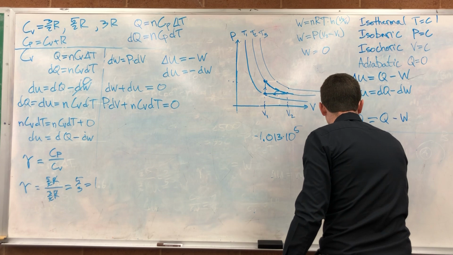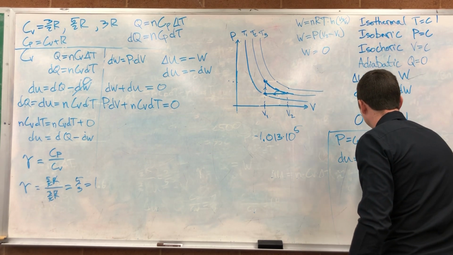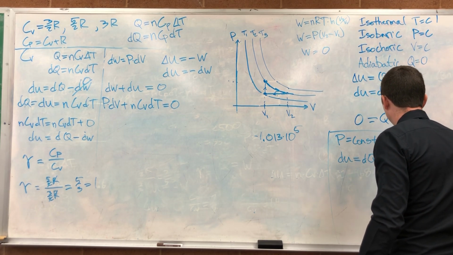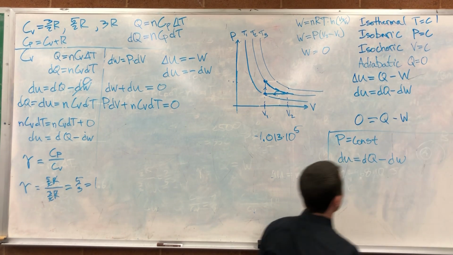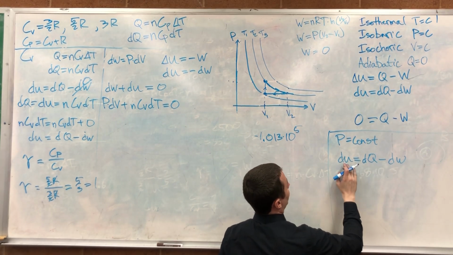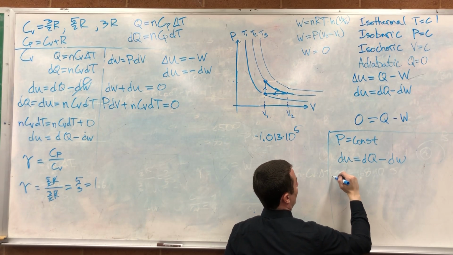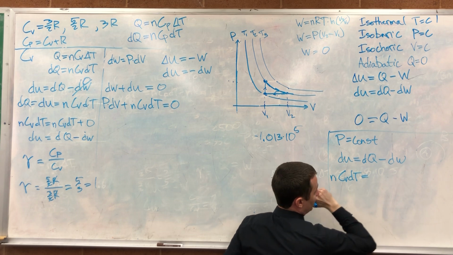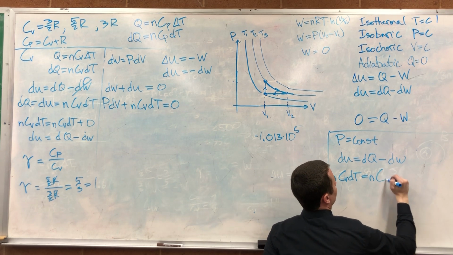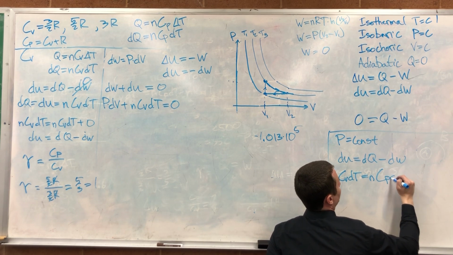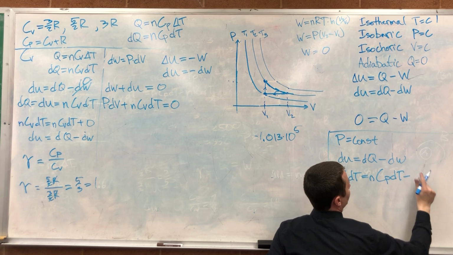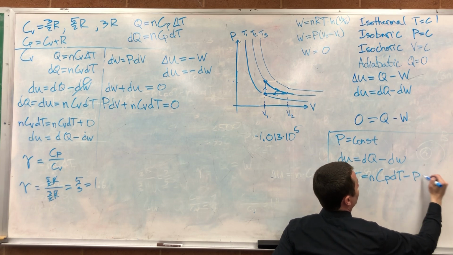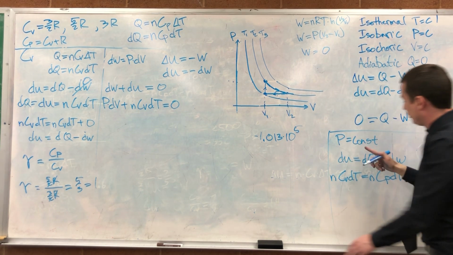We still had dU is equal to dQ minus dW, or we had nCv dT is equal to nCp dT minus pdV.